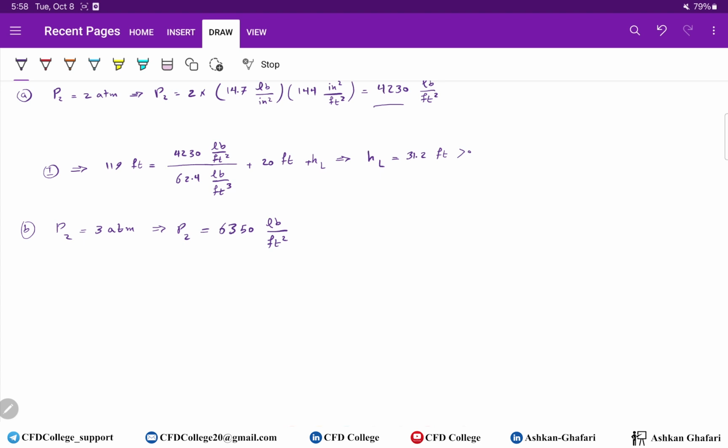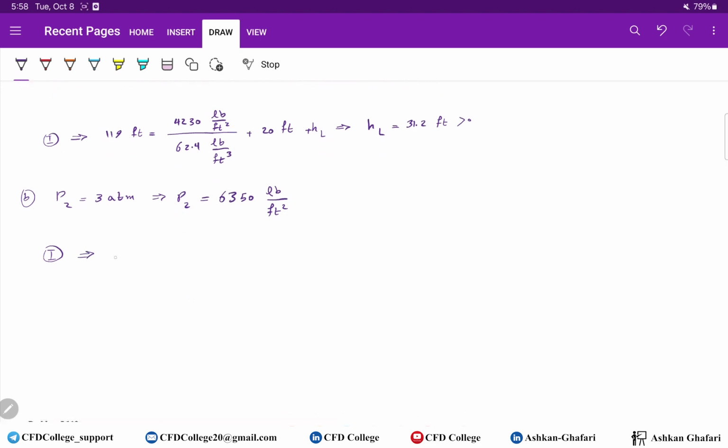Now we can go to energy equation and put these values. 119 feet should be equal to 6350 pounds per feet square divided by 62.4 pounds per cubic feet plus 20 feet, which is Z2, plus HL.